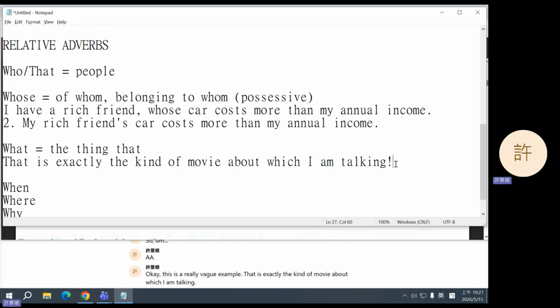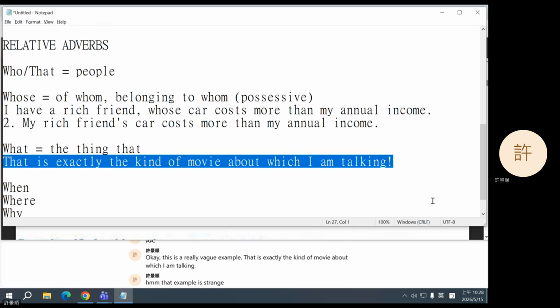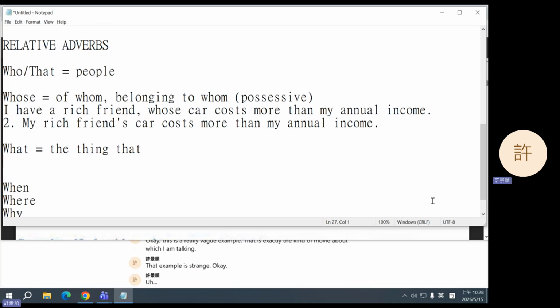Hmm, that example is strange. Okay. I can't think of an example. Why is this so hard?